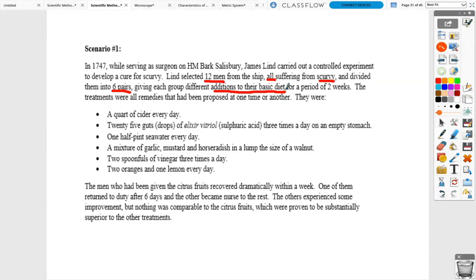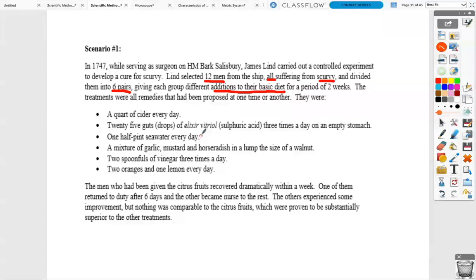And then he took these 12 men that had scurvy, he divided them into 6 groups, and he was giving them things in addition to their regular daily diet. So, one thing that he was giving 2 of them was a quart of cider every day. Not too bad. The next group, they got 25 drops of sulfuric acid 3 times a day on an empty stomach. That probably would not be very good. The next group, they got 1/2 pint seawater.